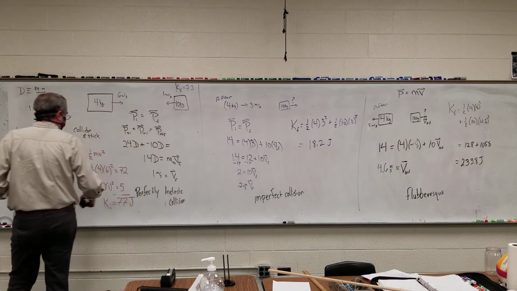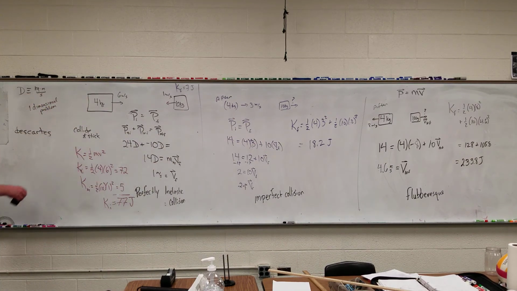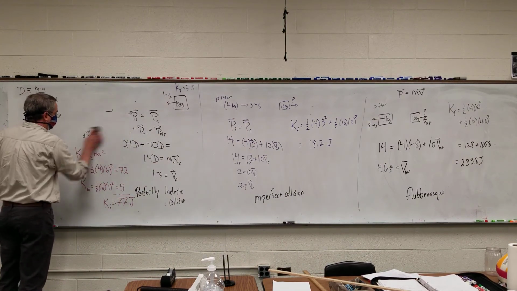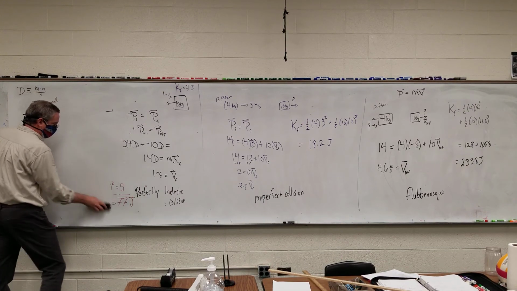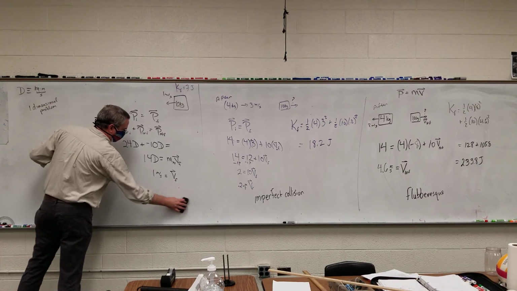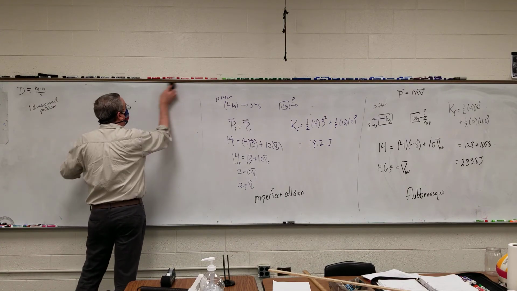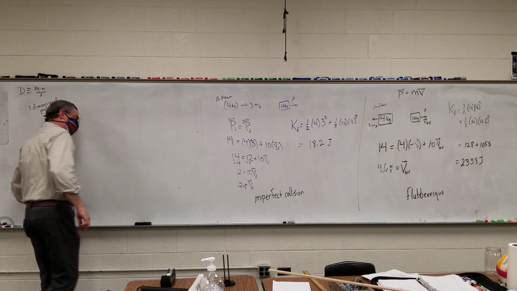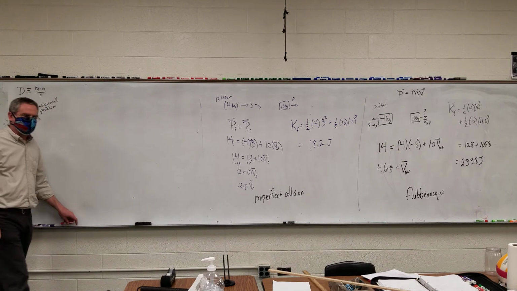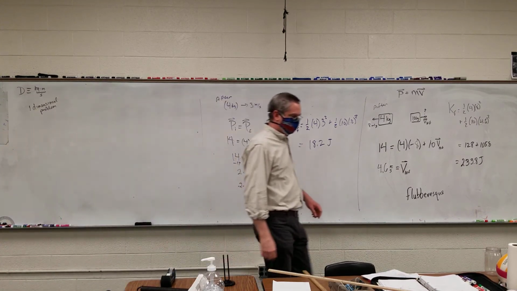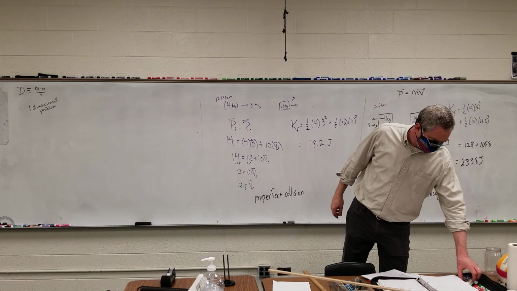All right, so let's get into the naming of these things. As you might have noticed, what kind of collision it is depends greatly on the kinetic energy. And I'm going to put up 3 different naming conventions, because that won't be confusing.